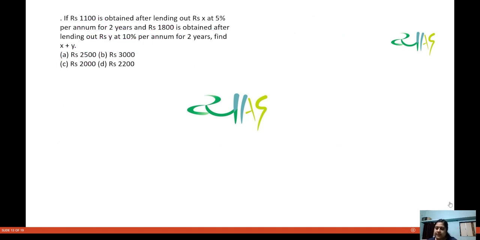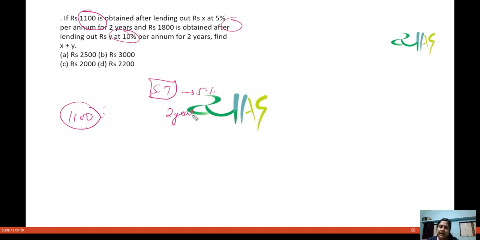Now see, in this question, this is very apparent. You got 1100 at 5% interest rate for 2 years. So with simple interest of 5%, in 2 years the interest will be 10%. So this is 1 plus 10 by 100 into P, so 11 by 10 into P actually.